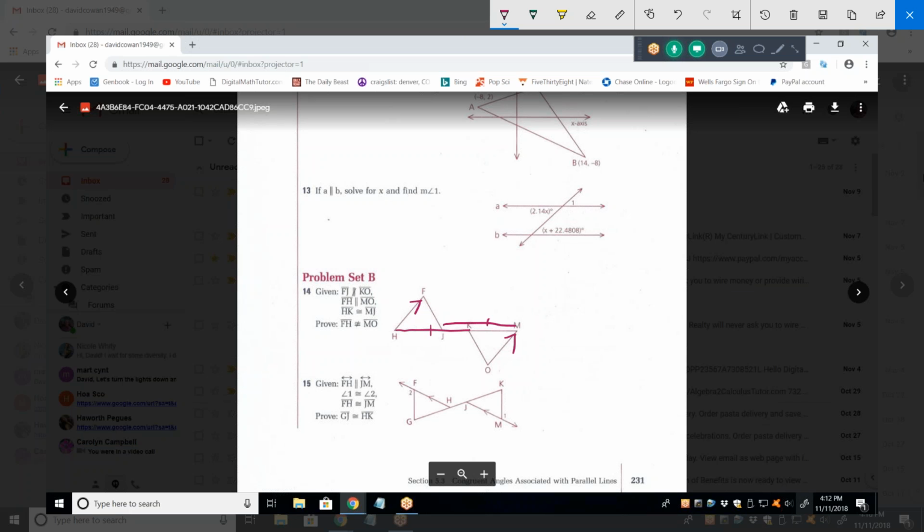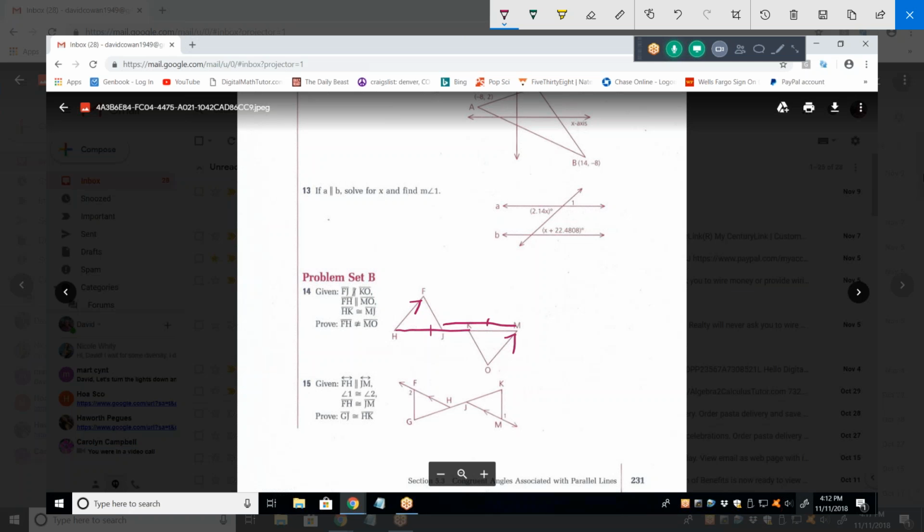Mark it like that. Prove that FH is congruent to MO. Well, right off the get-go, when you see prove that, what do you know you have to do? You have to prove that the triangles are congruent. Probably, almost certainly.